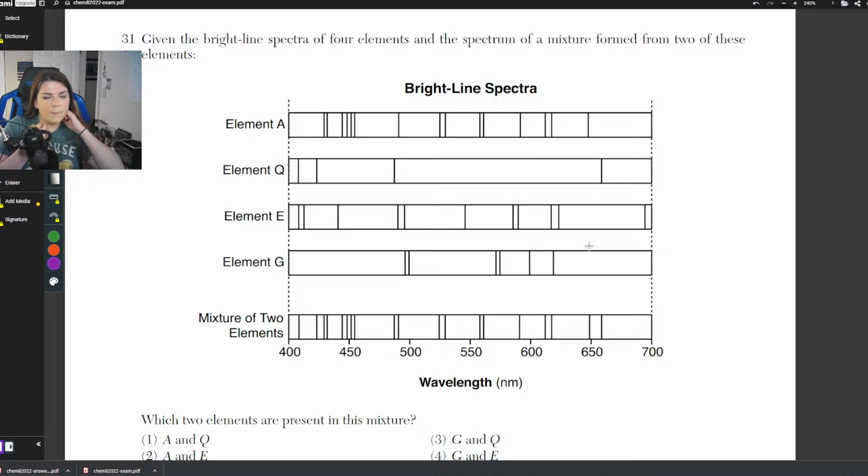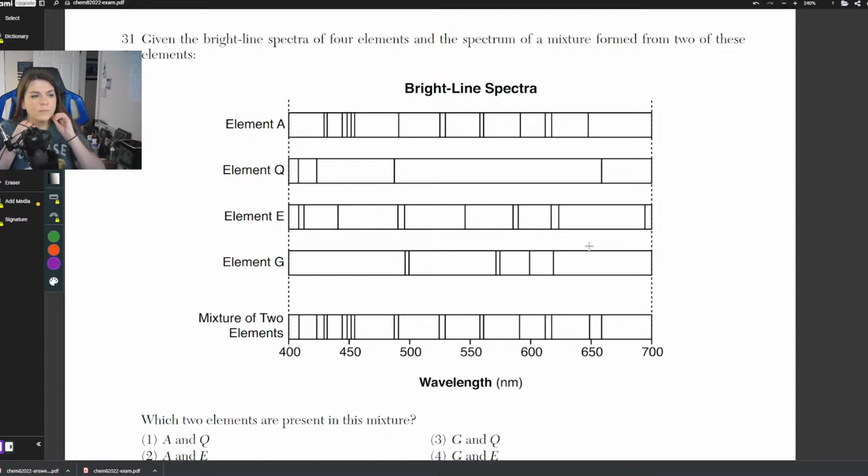Okay, so part B is, well, the first part of part B at least is still multiple choice, which is fantastic because the right answer is looking at you. You just have to look back at it. Given the bright line spectrum of 4 elements and the spectrum of a mixture formed from these elements, which 2 elements are present in the mixture? We are looking to line up the lines for said elements.